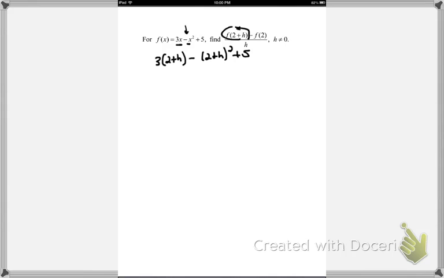That's your first part. Now we're going to go to the second part, and we're going to replace your x with a 2, minus 3 times 2 minus 2 squared plus 5, all over h.